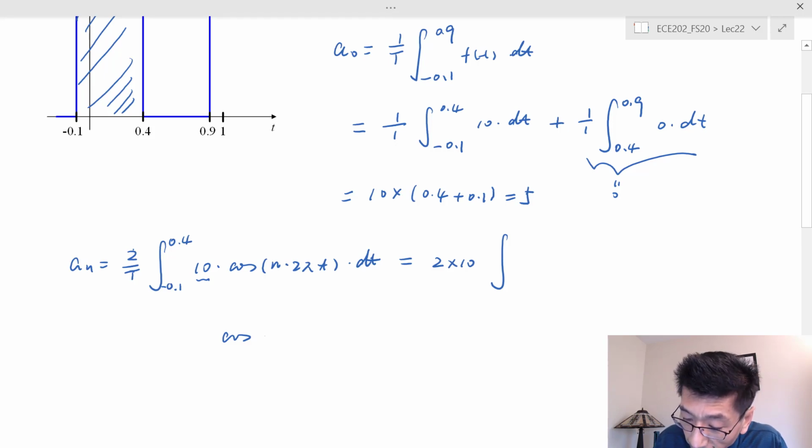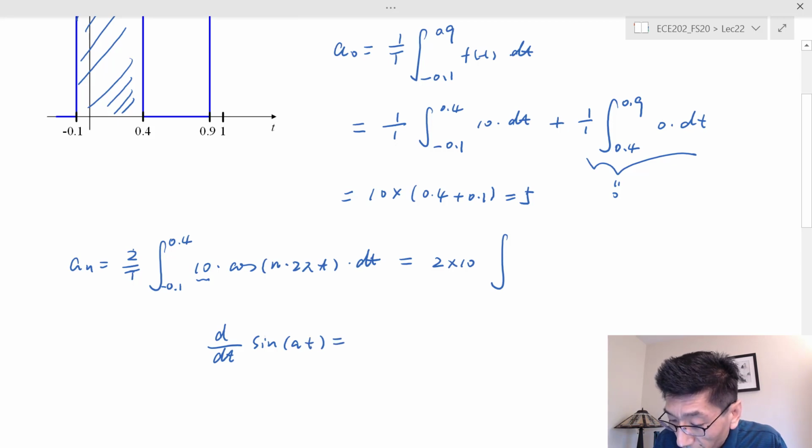Also, based on the fact that d sine of at over dt is equal to a times cosine at, we have that the integral of cosine at dt is equal to 1 over a times sine at.